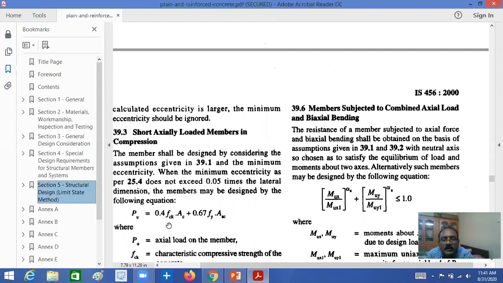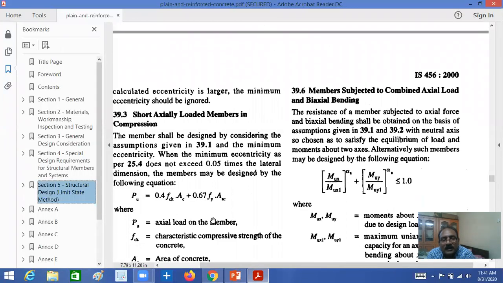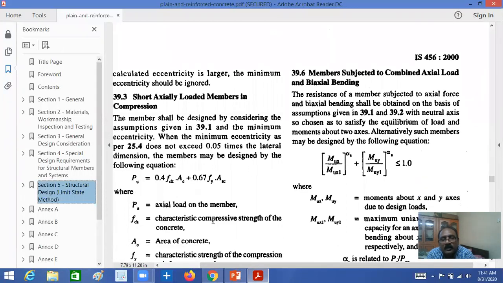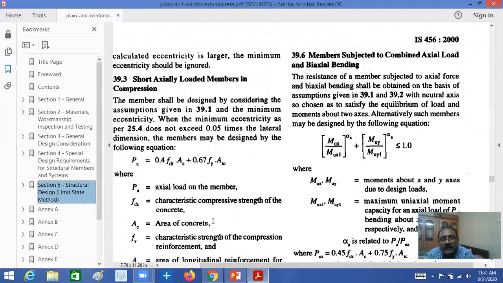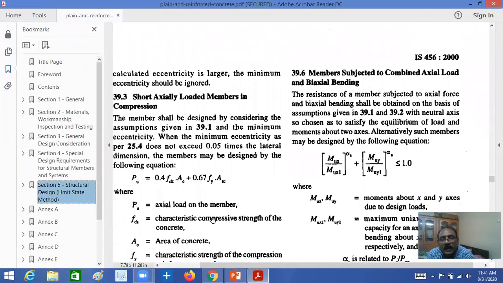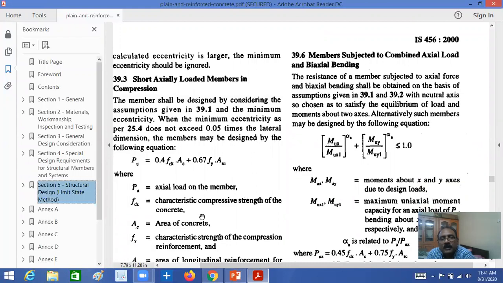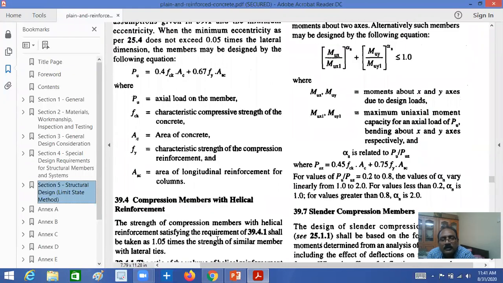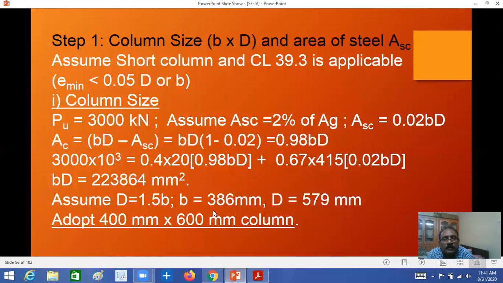Here P is the axial load on the member, fck is the characteristic strength of concrete, Ac is the area of concrete, 0.67 is a multiplication factor, fy is the characteristic strength of compression steel, and Asc is the longitudinal compressive steel. As per clause 39.3, you have to implement this here.